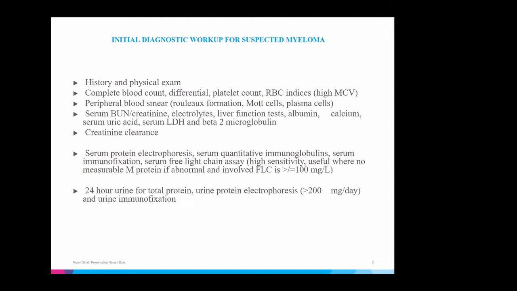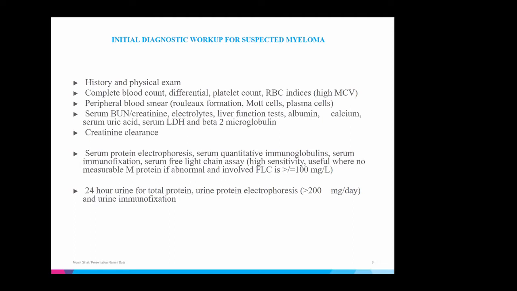And the latter two are important for staging, and we'll come to that in a couple more slides. Creatinine clearance may be important to assist you in determining the patient's renal function or dysfunction. Then we come to serum protein electrophoresis, serum quantitative immunoglobulins, and serum immunofixation.